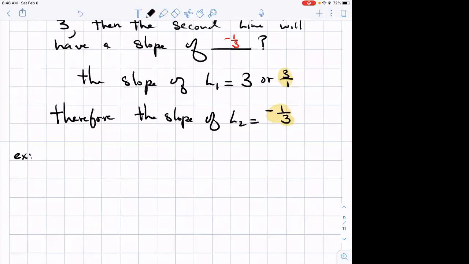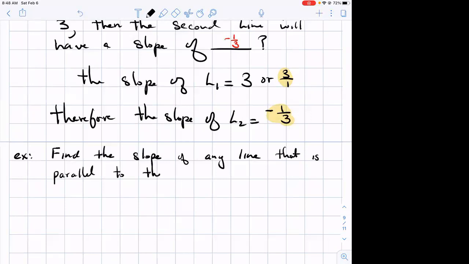Example: find the slope of any line that is parallel to the line that passes through points (2, 3) and (-8, 1).